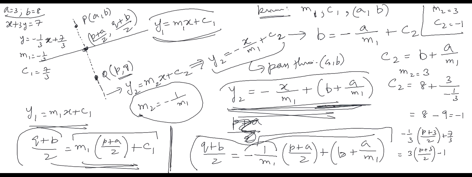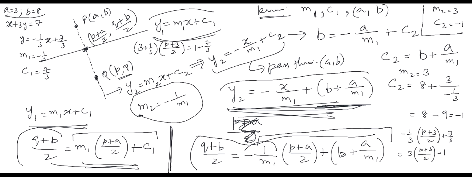Now bring that across: 3 plus 1 over 3, multiplied by P plus 3 over 2, is equal to 1 plus 7 over 3.